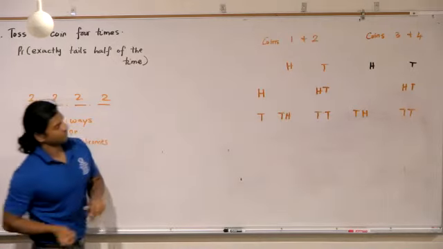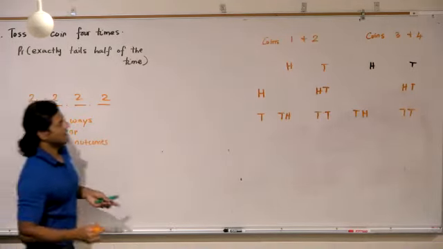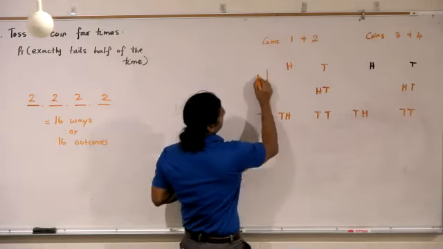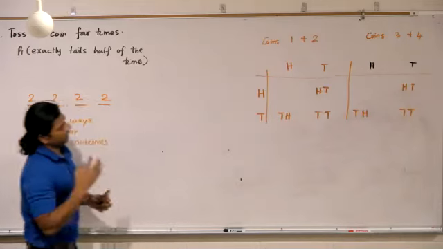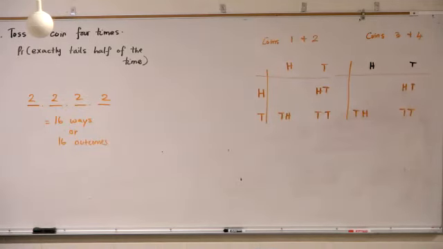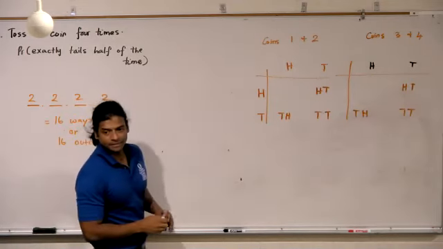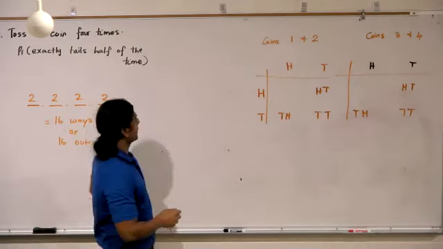Right? Now, in total, how many possibilities would we have? Oh, you're not accounting for... I forgot 1 coin. Yeah.